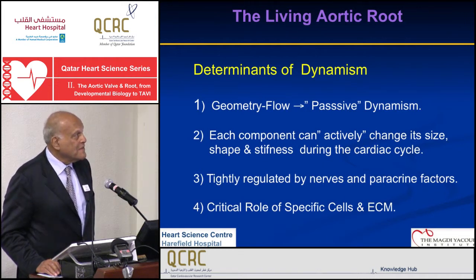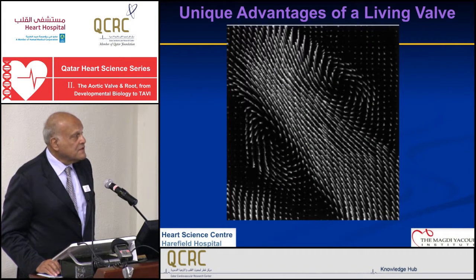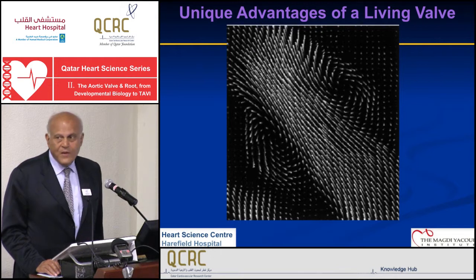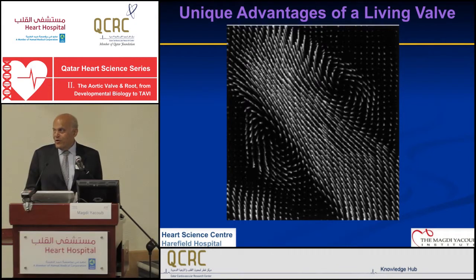Dynamism could be passive or active. The passive one is due to geometry, but the active one is due to living characteristics. And it translates into this beautiful flow characteristics. You will see a lot more from Rio Tori about flow.